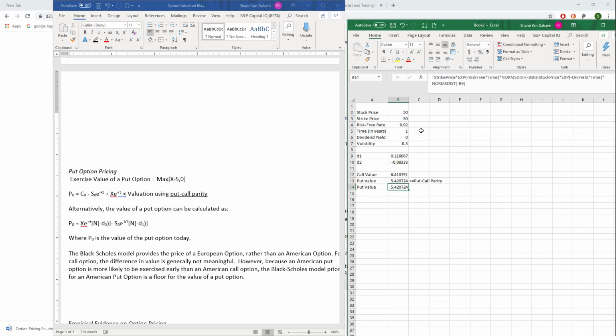That's it. Okay, we get the same answer. So that is how we value a call option and a put option using the Black-Scholes Option Pricing Model.